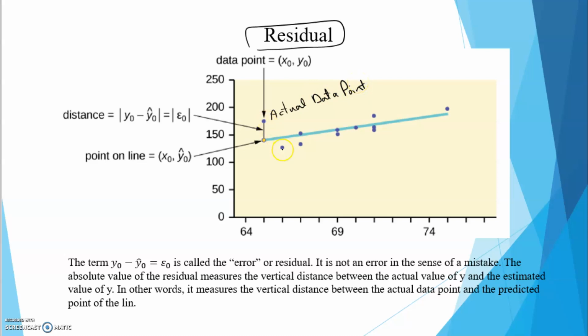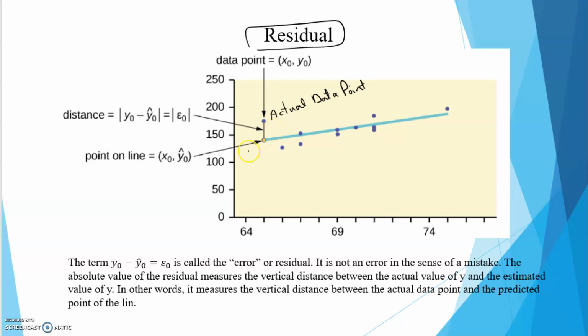That's what all these little purple bluish dots are. These are your actual data points. Everything on the line, this little yellow point right here, this is an estimate for this point right here. Now the distance between these 2 points, that's what you call the residual.